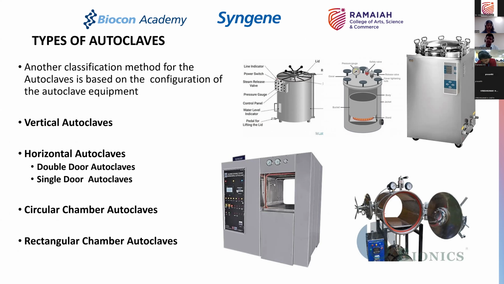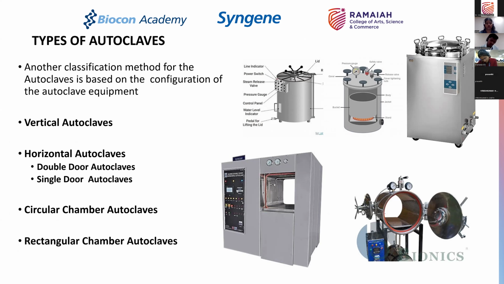Now, there are two other classifications based on the geometry. You could have a rectangular chamber, which is what is shown here, or a circular chamber, which is shown here. The initial autoclaves which were there in the industry, most of them were circular in nature, meaning that they had a circular chamber in which you had to load all the components and then autoclave it.